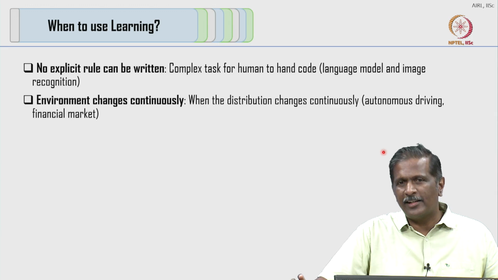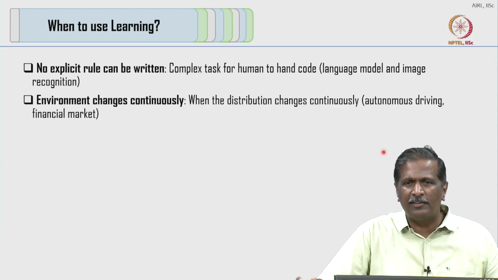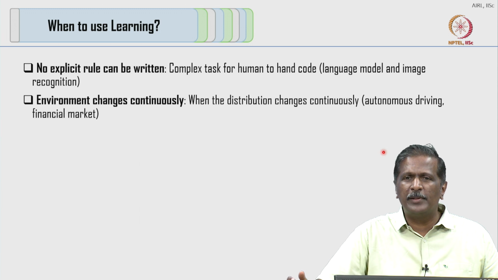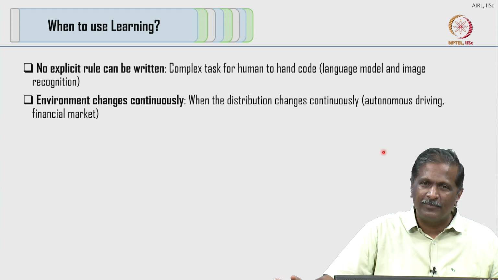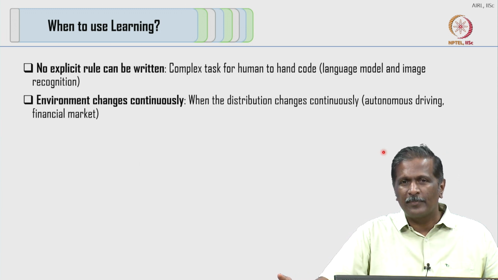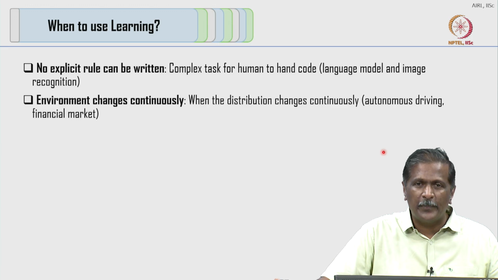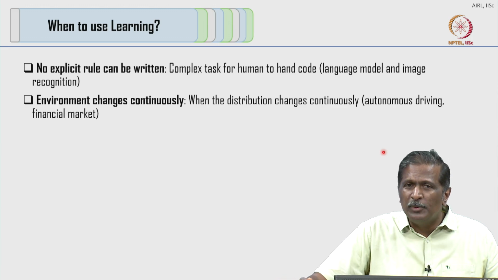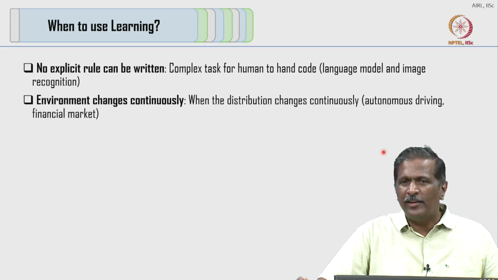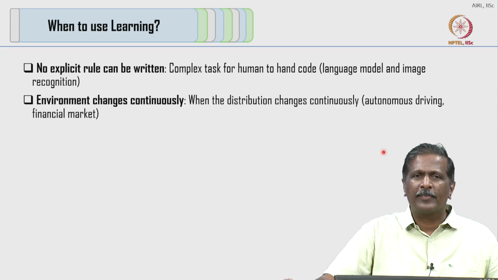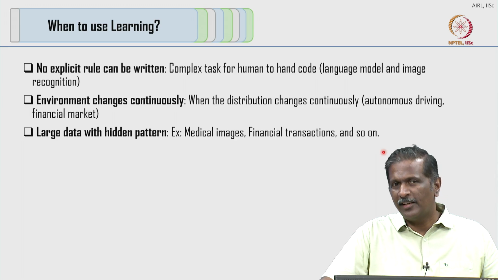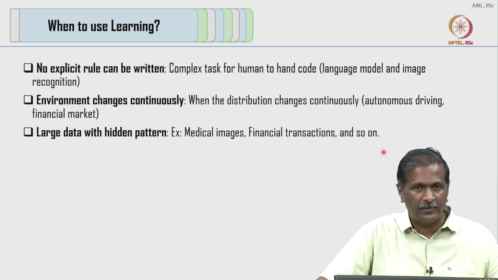If all cars are autonomous, it is much easier because every car will be running through rules. The moment humans come into the picture, the intentions are different, the goals are different. That makes things more complex, right? So when the distribution changes, what we call non-stationary data, that's when you really need to use artificial neural networks or learning based solutions.